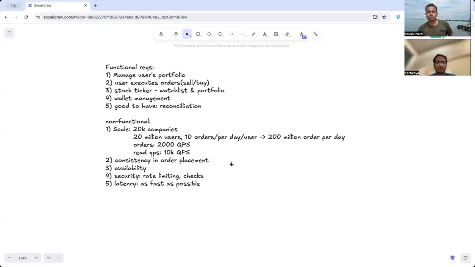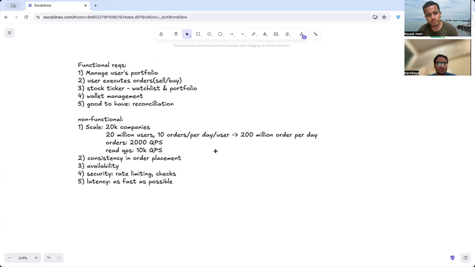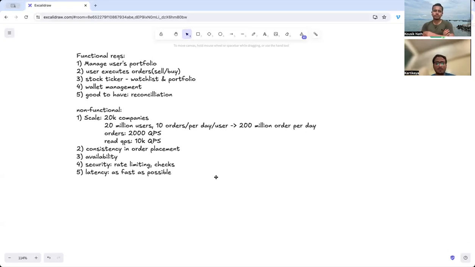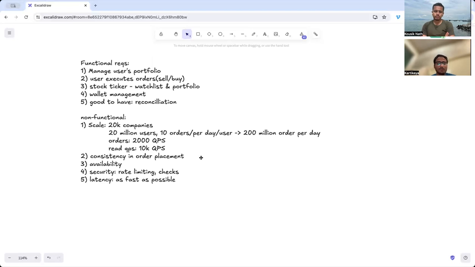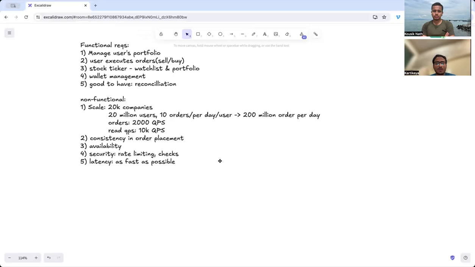Yeah, that should be covered by end-to-end latency from the user's perspective. If the price of a stock changes, the user should get the updated price as soon as possible, so that the user can make a decision to sell or buy.